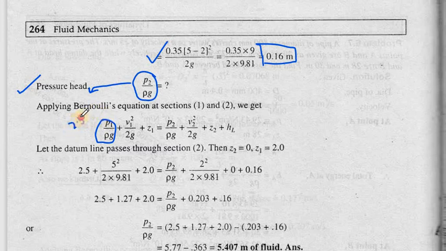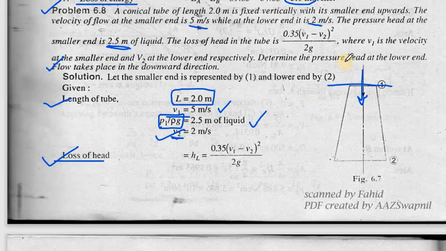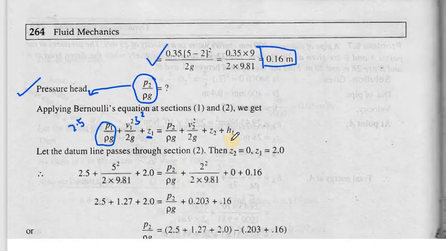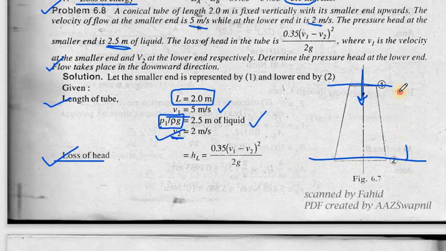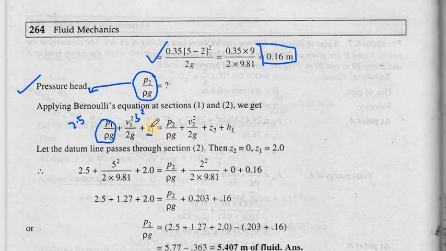The velocity at the first point is 5, so this will be 5 square divided by 2 into 9.81. The Z1 value, because we are considering the bottom as datum, the length of the pipe is 2 meters. So the datum head for the first point will be 2 meter. Z1 will be equal to 2.